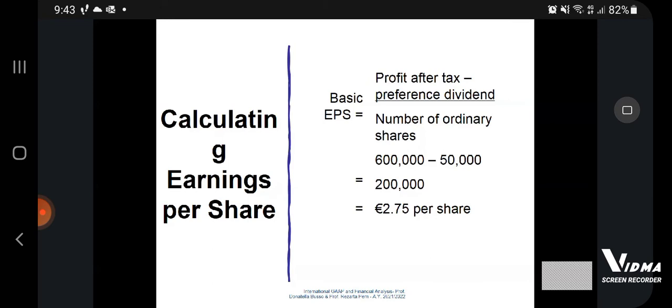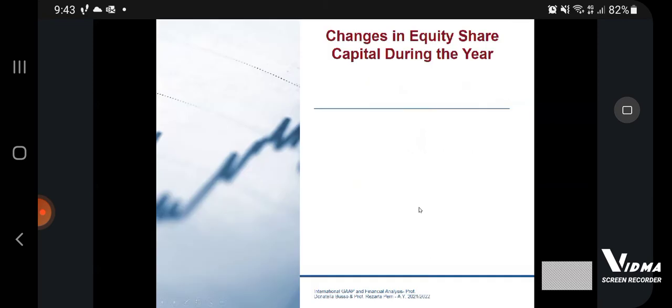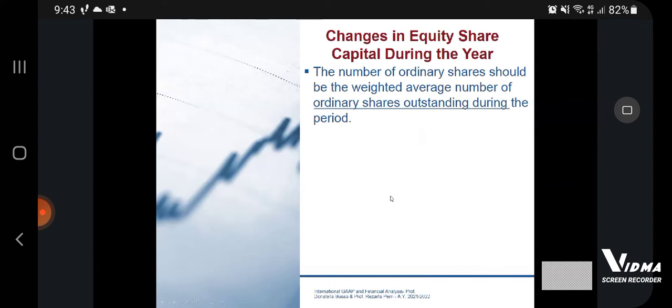So what does IAS 33 say about the changes in equity shares during the year? First of all, the number of ordinary shares should be the weighted average number of ordinary shares outstanding during the period. That means that I should not take the number of shares at 1st of January, at 1st of July, or 31st of December.